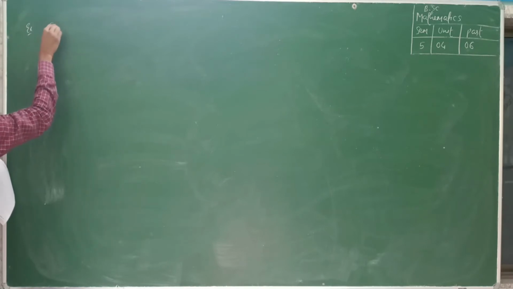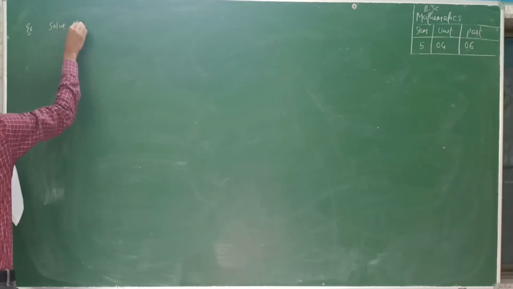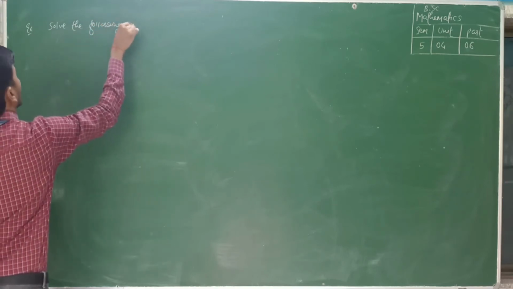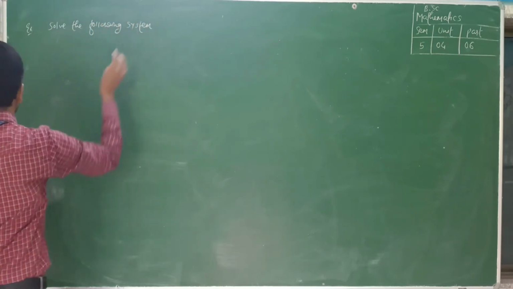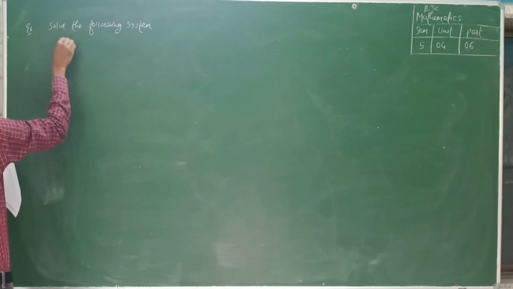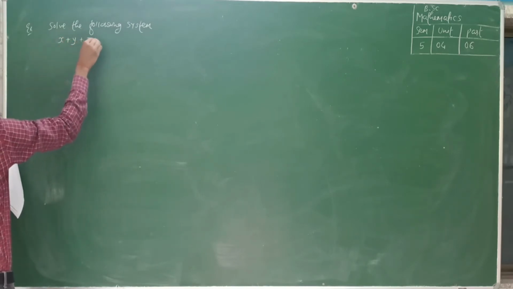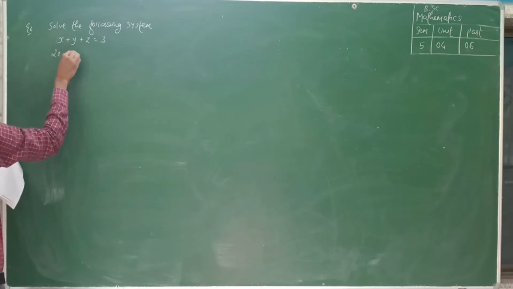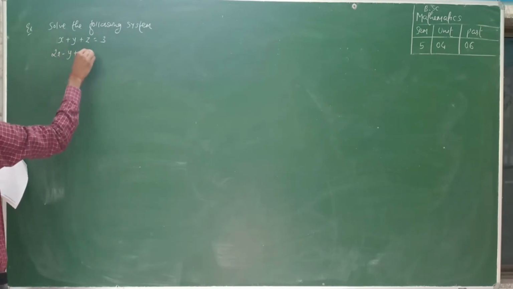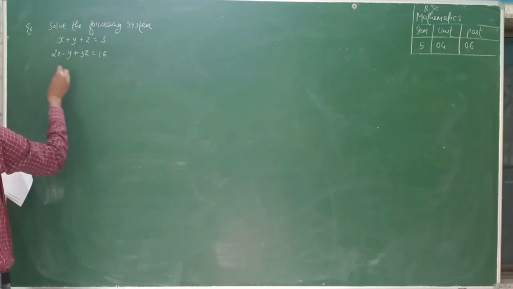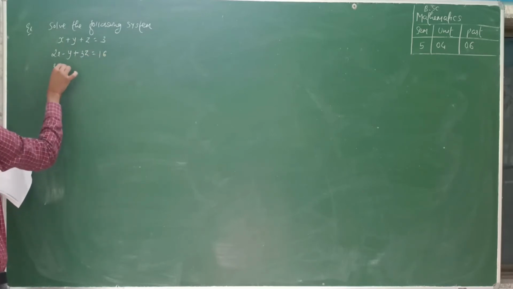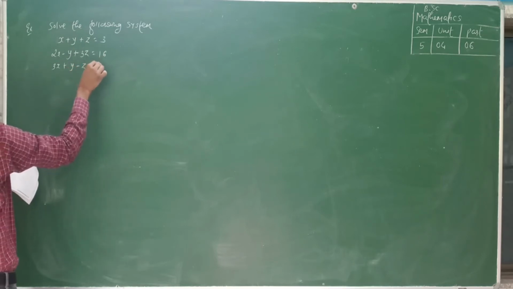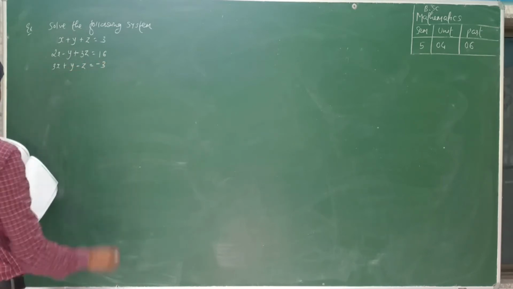Solve the following systems. x plus y plus z is equal to 3. 2x minus y plus 3z is equal to 16. 3x plus y minus z is equal to -3.